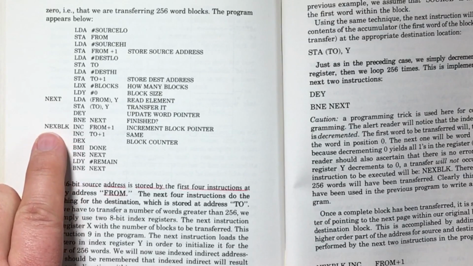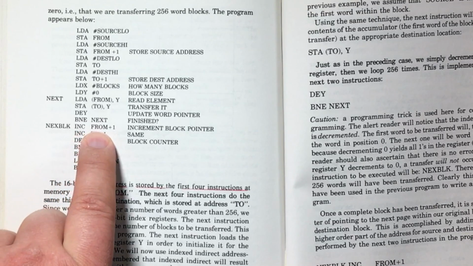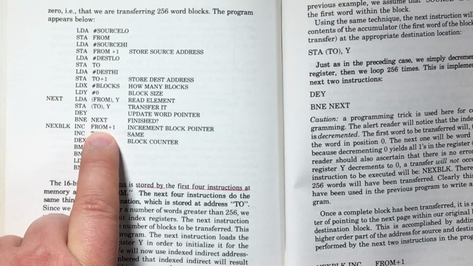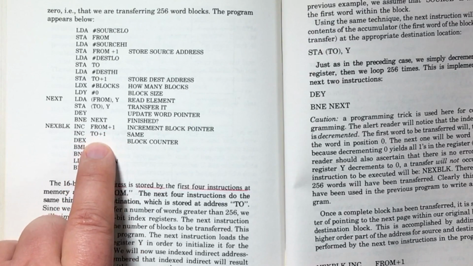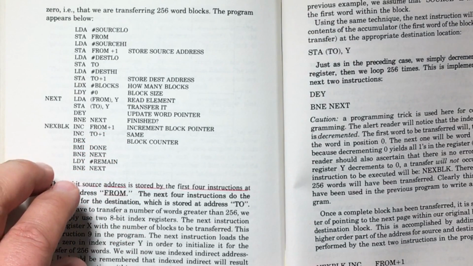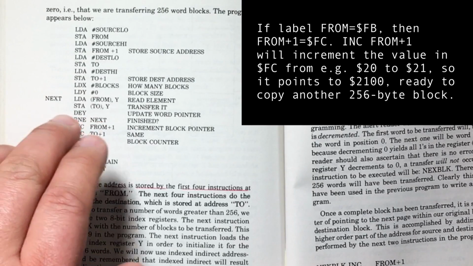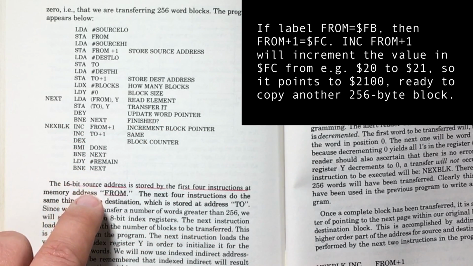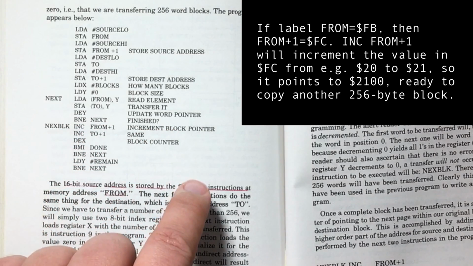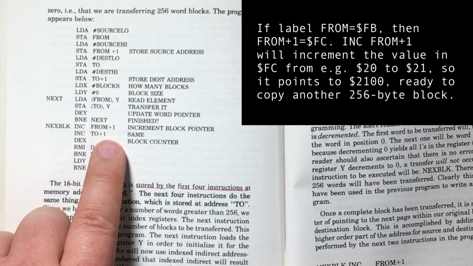Then there's this next block. We're going to increment the high byte of the from location, that's the +1 there, and also of the 2. So now that we've copied, say, page 20, that is location 2000 to 20FF, all the way to 3000, 30FF, then we increment the high byte, because this is stored in low byte, high byte format.